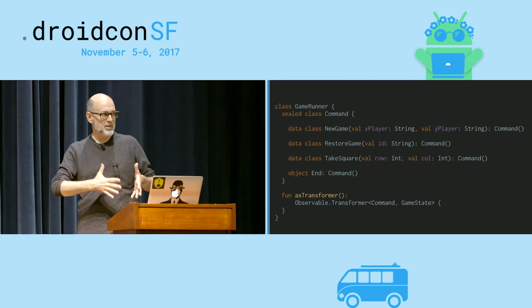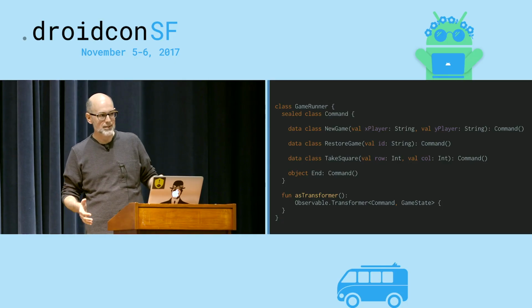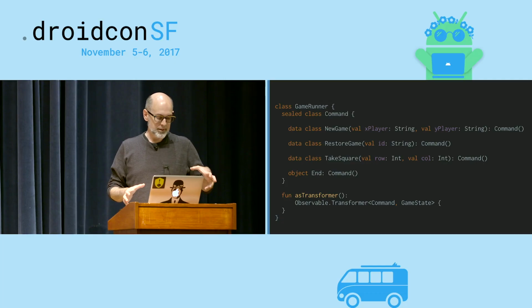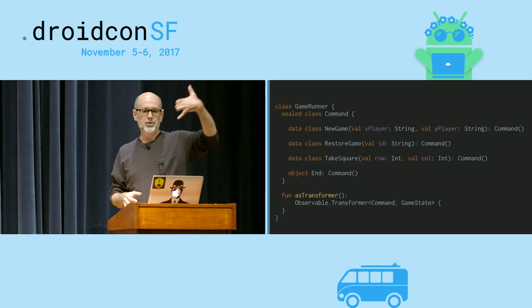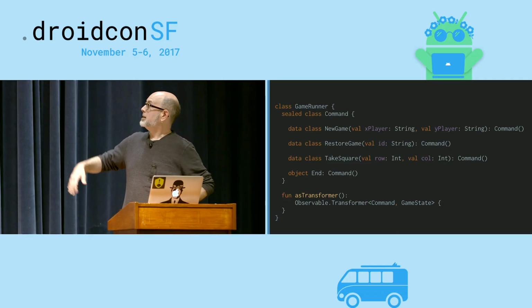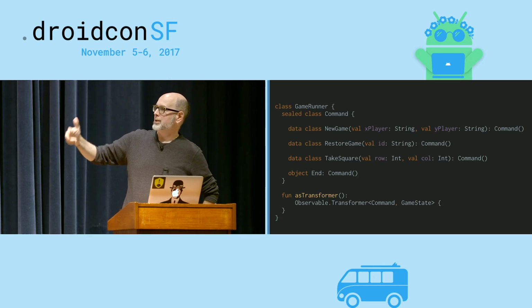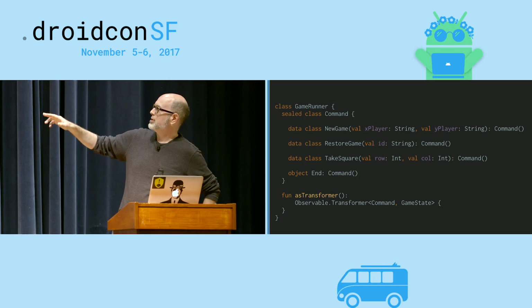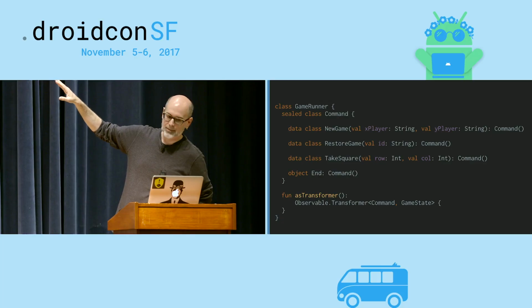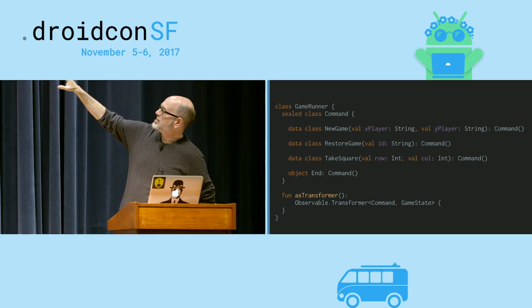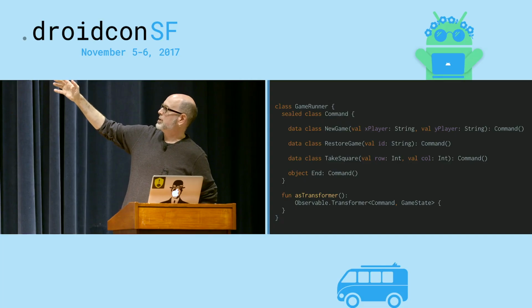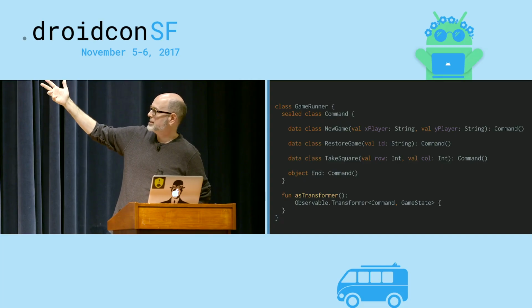If you've been at this reactive game for a while and you can kind of assume reactive style code above and below, a command pattern might be something that's both easier to implement and actually possibly more pleasant to use. So for example, our game runner object could look something like this, where we've got a sealed class defining, replacing all of those individual methods to start things off, to mutate things.